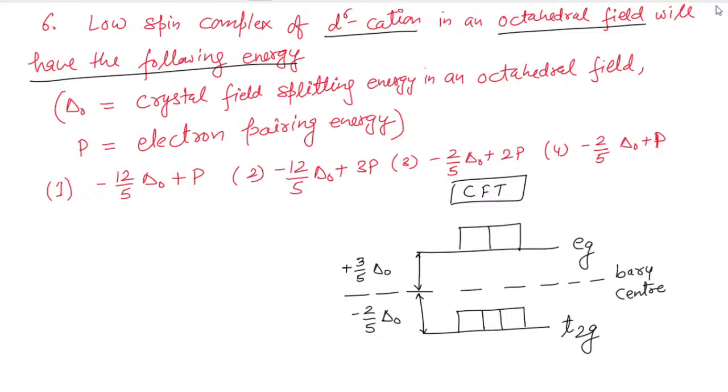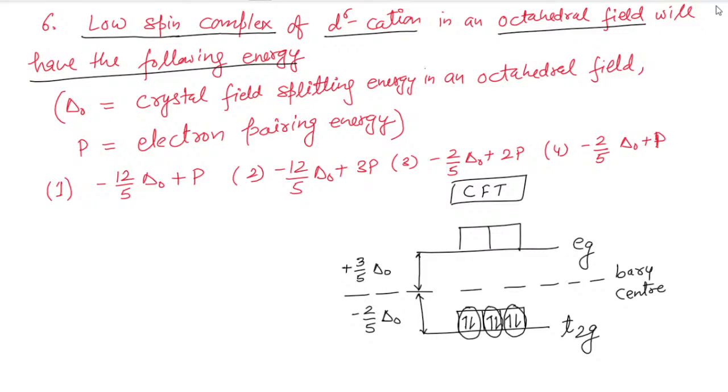So d6 cation, low spin. Low spin means inner orbital complex. So it is 1, 2, 3, 4, 5, 6, because already mentioned it is a low spin complex in an octahedral field. So that means there are 3 paired electrons, means there are 3 electron pairs.